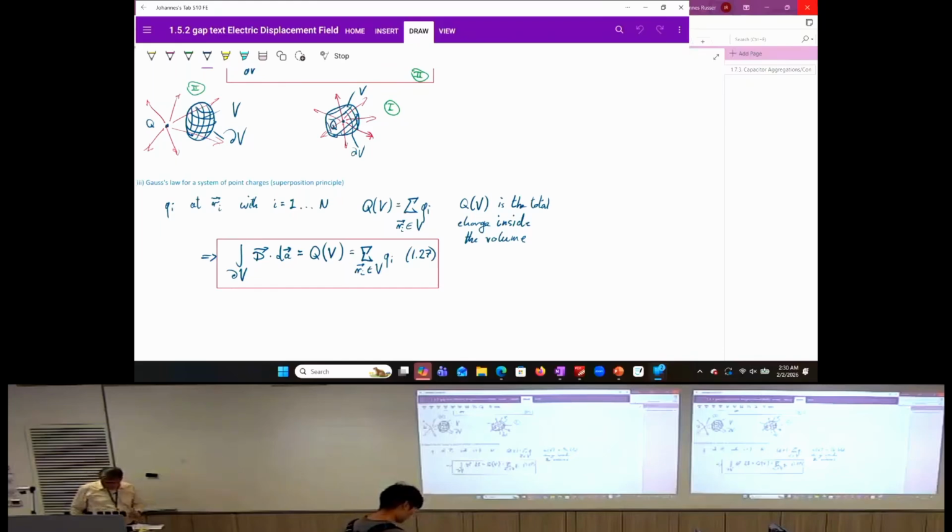Last Friday, we stopped at Gauss's law, and that's where we pick up today again. So the essence here is, you remember we were computing the flux through an enclosing surface of a volume. We have a control volume.